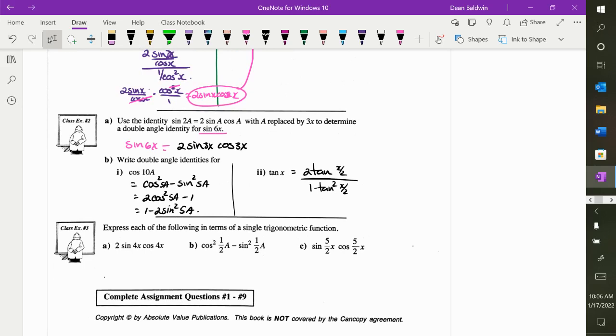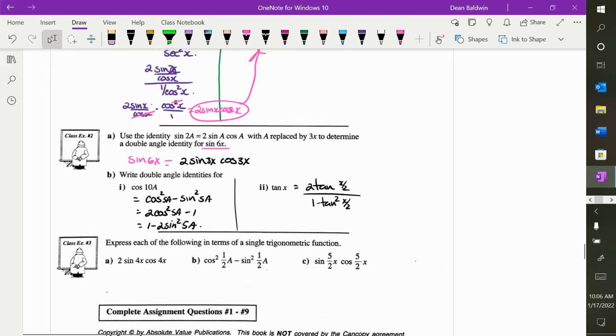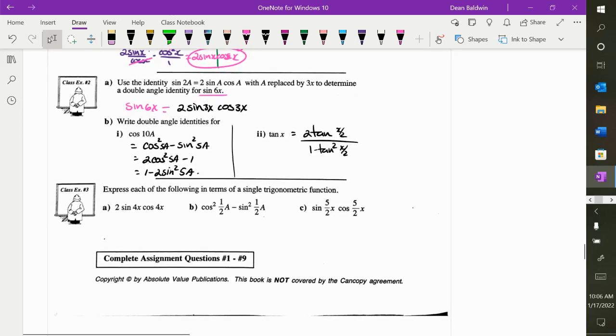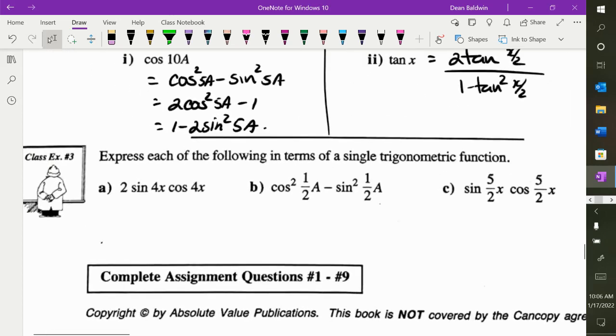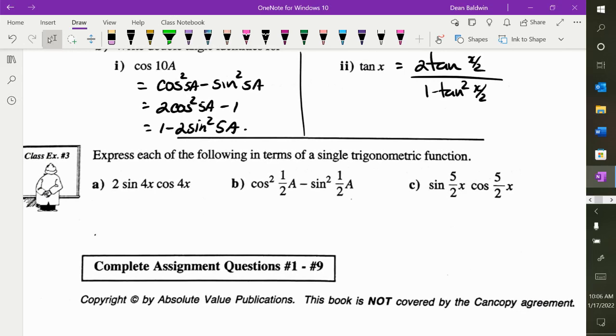Now we're going to go backwards. Okay, so we're going to take it when it's already expanded. And we're going to go backwards. So what does this become? As soon as you see a 2 sine cos, is that a sine double angle, a cosine double angle, or well, it's not a tan double angle because there's no tans.